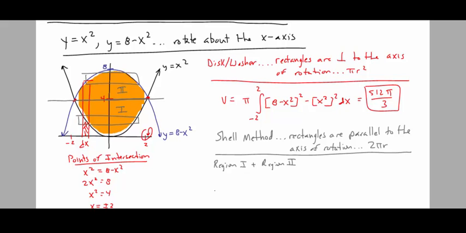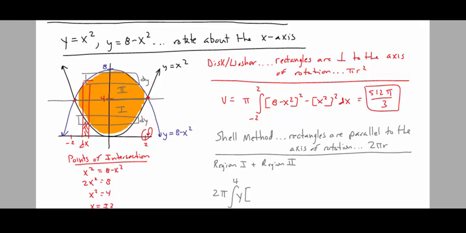So let's go ahead and look at region 1. Region 1 would be 2 pi. These rectangles will go from 0 to 4. The distance from the axis of rotation to the center of any of these rectangles will be y. And then the right curve, this is kind of what we want to focus in on. My right curve needs to be in terms of y because my incremental width for each of these horizontal rectangles is dy.